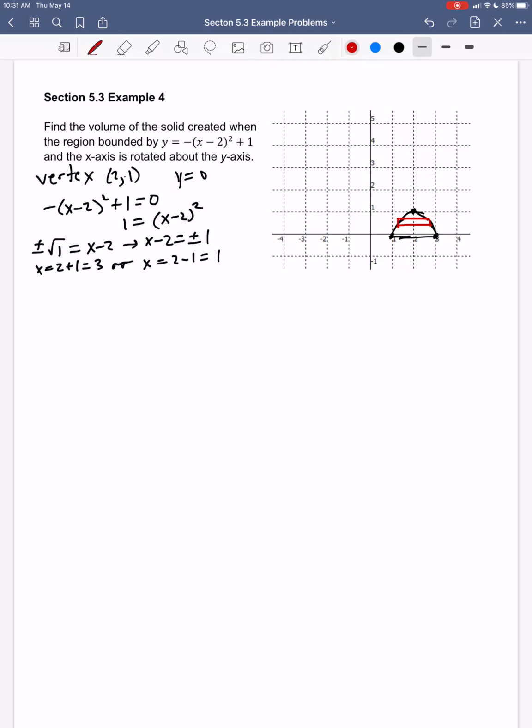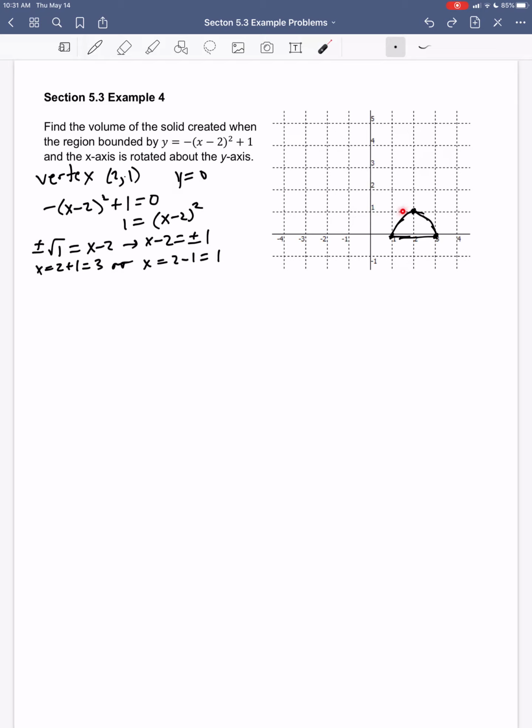It wouldn't be impossible to do this, but I'd have to take this equation and solve it for x, because to find the length of this rectangle, that's a horizontal distance. So I would have to take the x-coordinate on the right minus the x-coordinate on the left. I would have to solve this equation for x. One would be a positive square root, one would be a negative square root, and those would be the two sides. And although that's possible, for me it's not desirable.